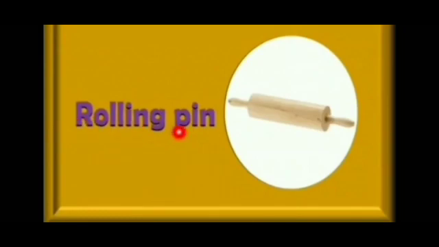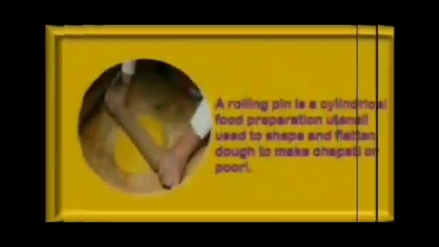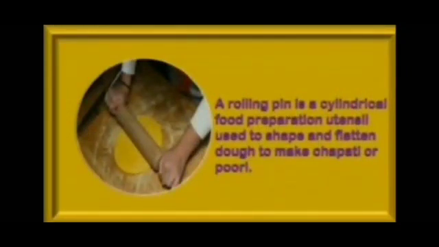R-O-L-L-I-N-G. Rolling P-I-N. Pin. A rolling pin is a cylindrical food preparation utensil used to shape and flatten dough to make chapati or puri. So it is used to roll chapati or puri.